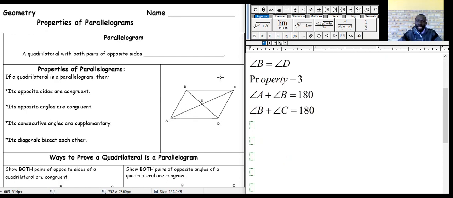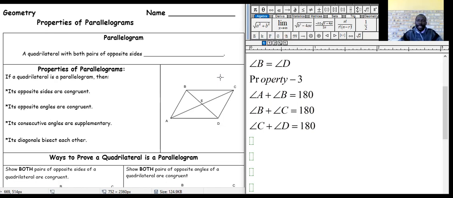The other property is that the angle at C and the other angle at D also add up to what? 180 degrees. That is the meaning of supplementary.